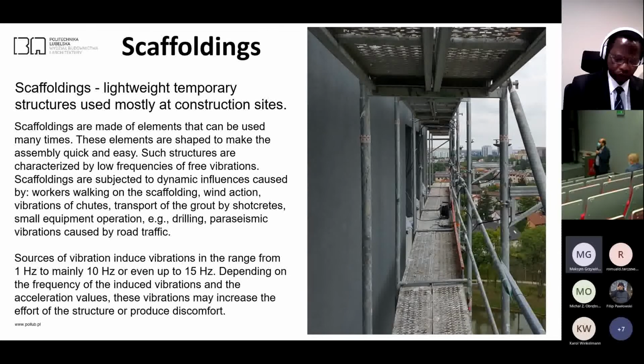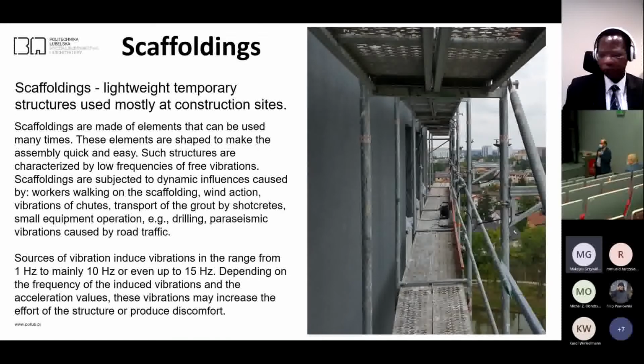We have been working with facade frame scaffoldings. One of such scaffoldings is here. We have a series of frames, and they are connected in a plane, usually. As light structures that are many times assembled and disassembled, they are prone to vibrations of low frequencies.